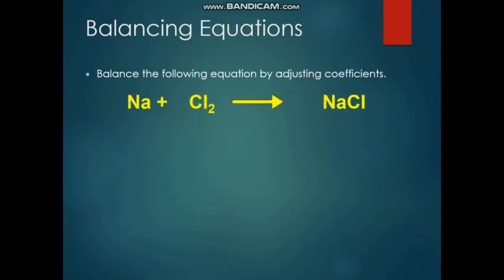So you have here sodium. It combined with chlorine molecule to produce sodium chloride. The 2 methods that I am going to teach you in this tutorial are the matrix method and the algebra method.